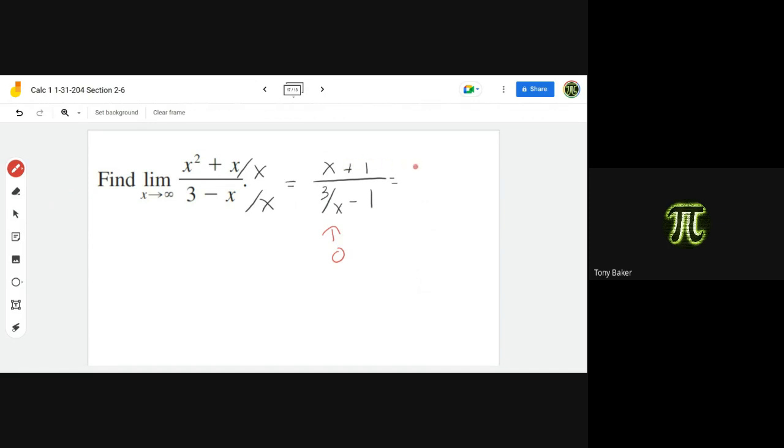So then I have basically infinity on the top over -1. Correct? So this is going to go to negative infinity.